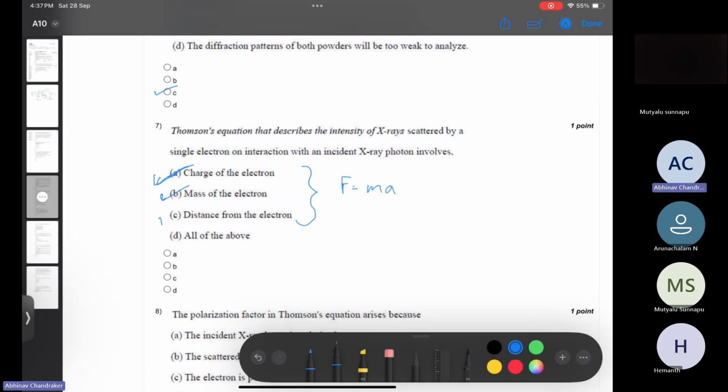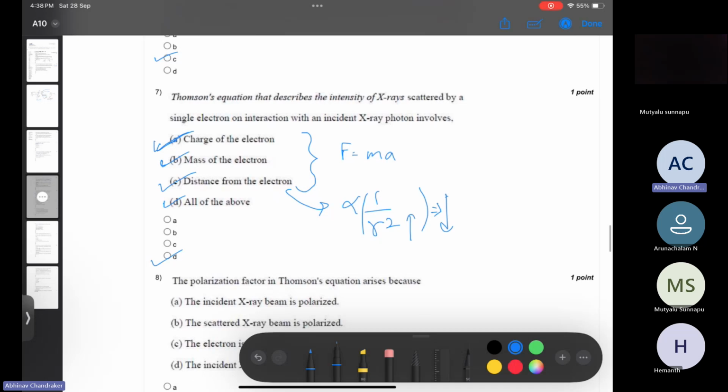Then the distance from the electron will also matter, because as the position at which we are measuring the intensity of the scattered beam is moved away from the electron, the intensity will decrease. So it will be proportional to 1 by r square. As r becomes higher, the intensity will decrease. So the answer will be D, all the above.